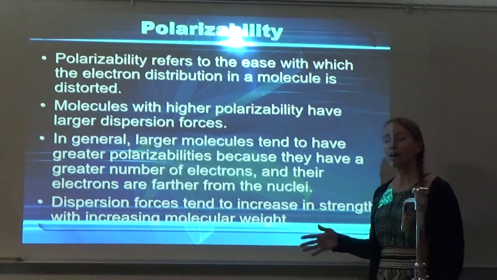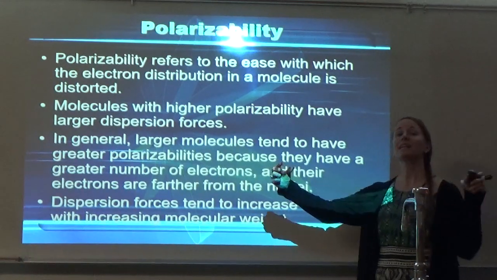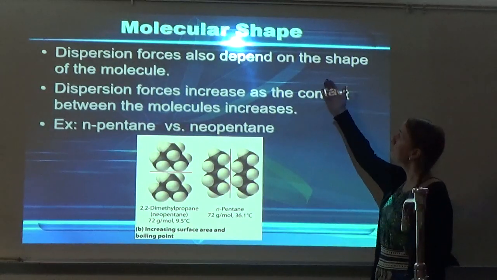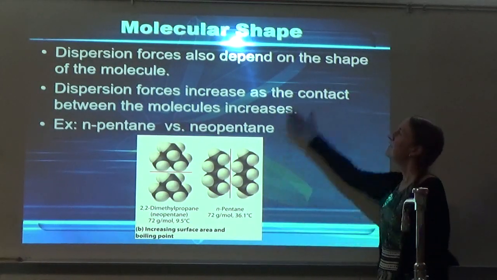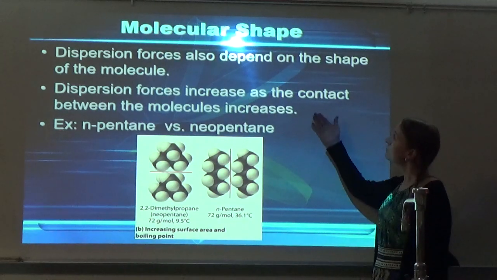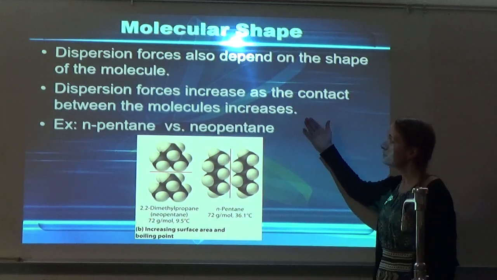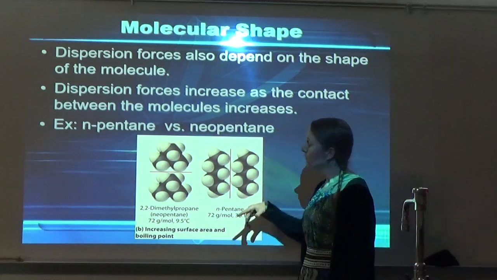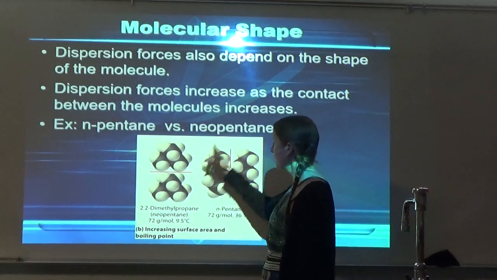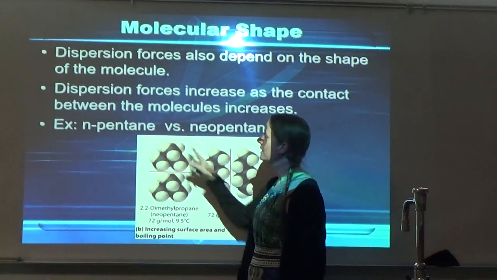We also talked about how in honors you can look at the length of the chain. That also helps you determine. So dispersion forces also depend on the shape of the molecule. Dispersion forces increase as the contact between the molecules increases. So for example, this right here is our neopentane, and this right here is n-pentane.